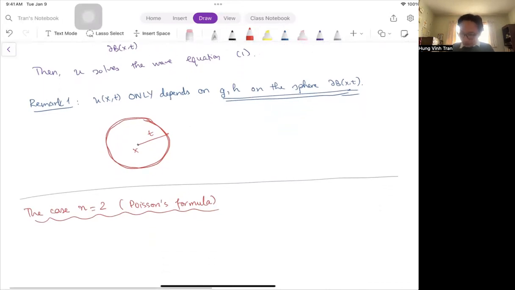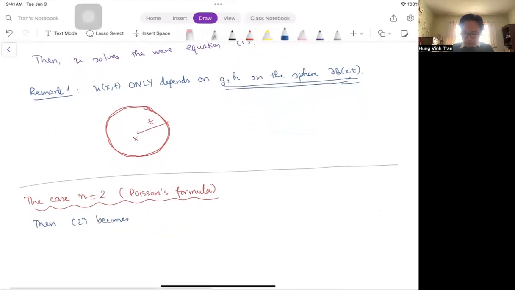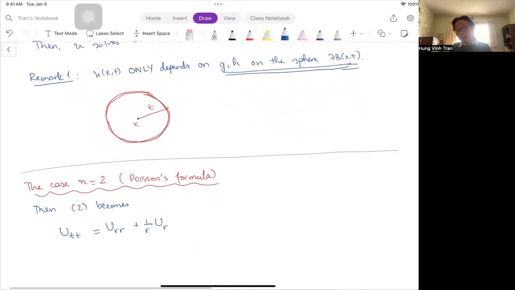Let me write it down. Then the equation becomes u_tt equals u_rr plus (n minus 1) over r, right? In this case, it's 1 over r u_r. It looks pretty much the same as the previous equation. I mean, there I have 2 over r, and here I have 1 over r, right?